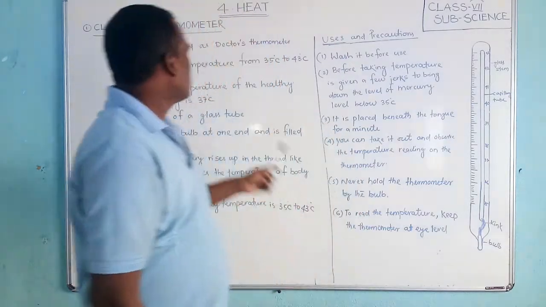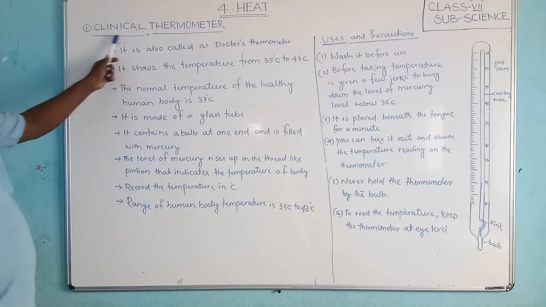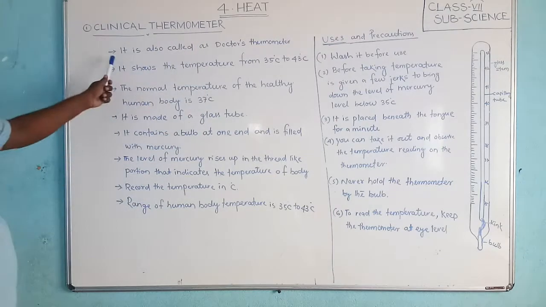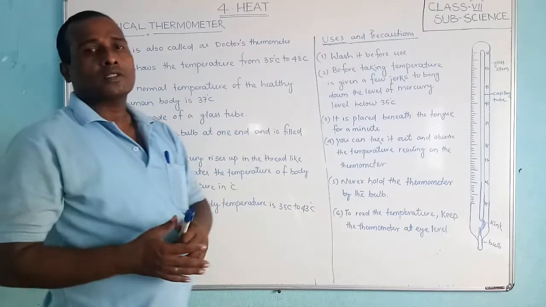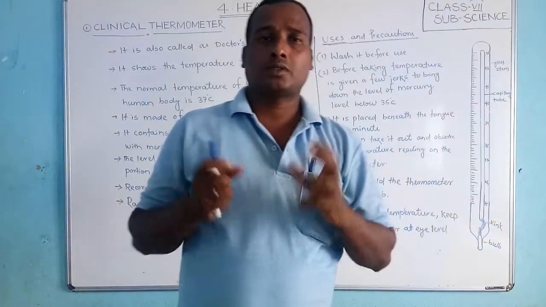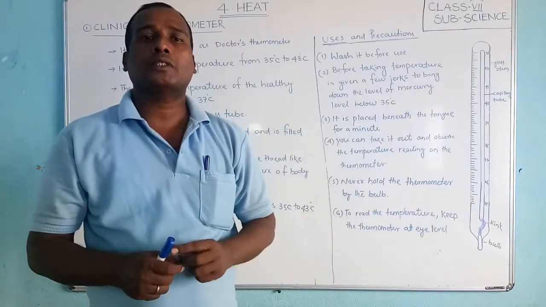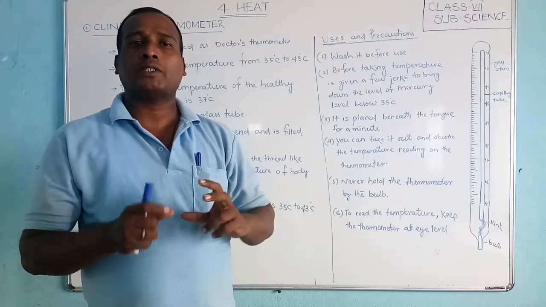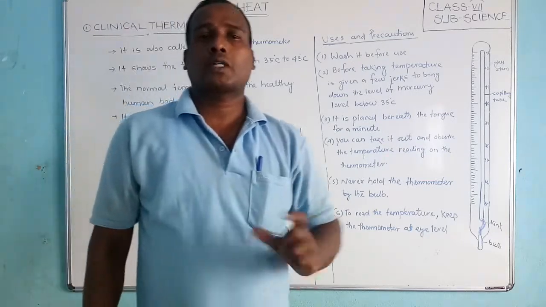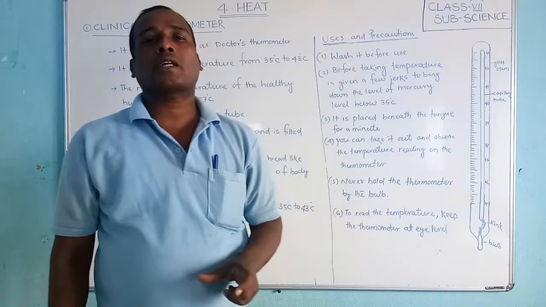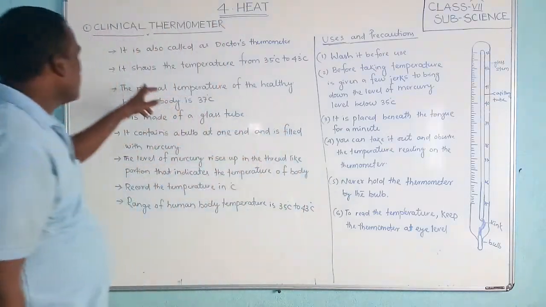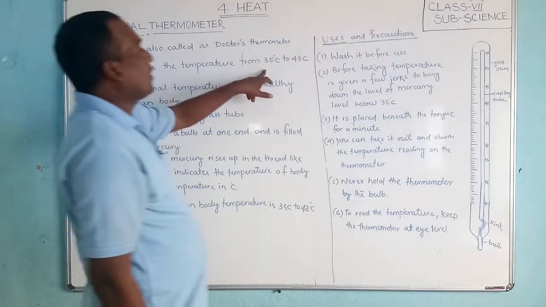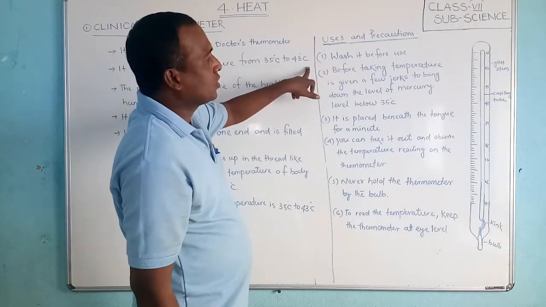First of all, see the clinical thermometer here. It is also called the doctor's thermometer, because almost all doctors use this thermometer to measure body temperature. It shows the temperature from 35 degrees Celsius up to a maximum of 43 degrees Celsius.